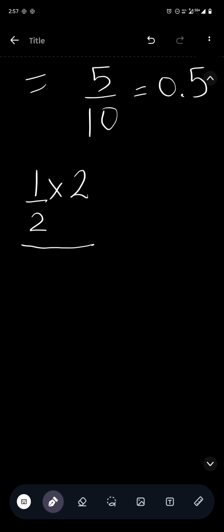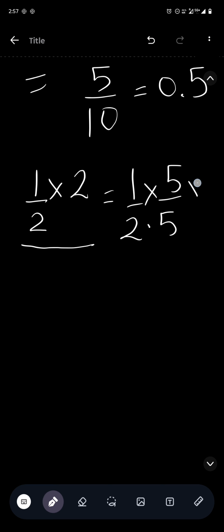Now let's see what will be our half into 2. So let's make the denominator as 10. How will we do that? We'll find the equivalent fraction of half by multiplying numerator and denominator by 5.